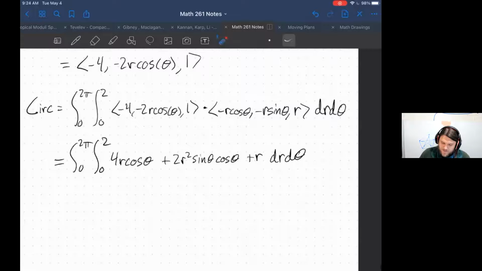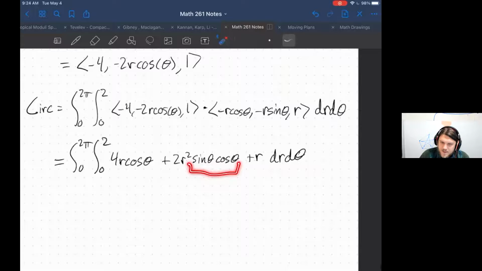Right, so if you just look at it in terms of r, these are polynomials, not too bad. Once you get in terms of theta, you have this cosine theta, okay? You have this sine cosine theta. So my recommendation would be to break this up into two completely separate integrals, or group this one wherever you want, this last term here, because for this term you need to do a u substitution, right?